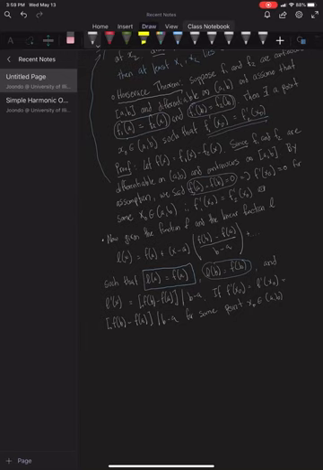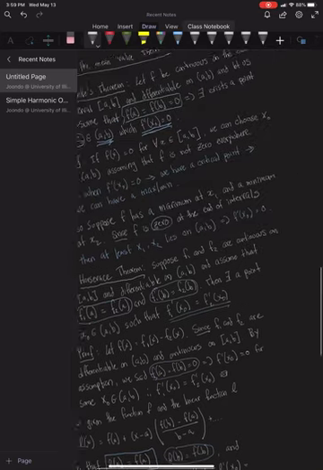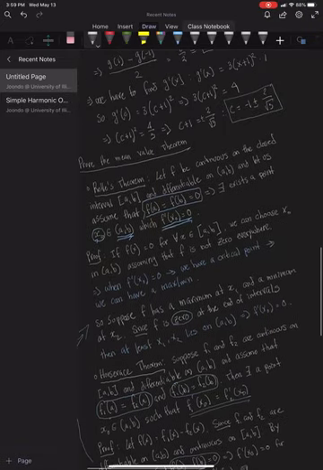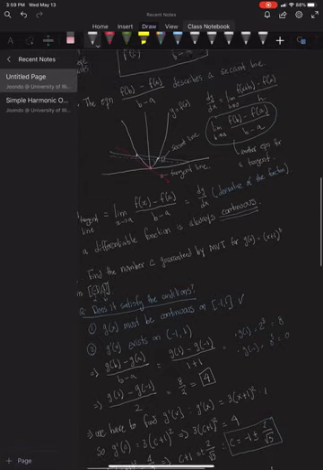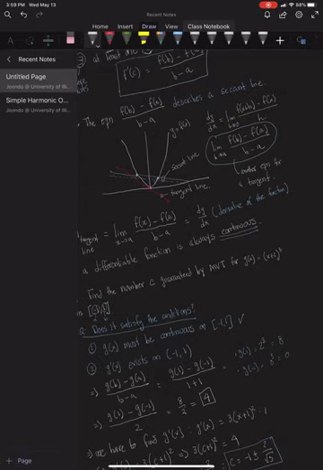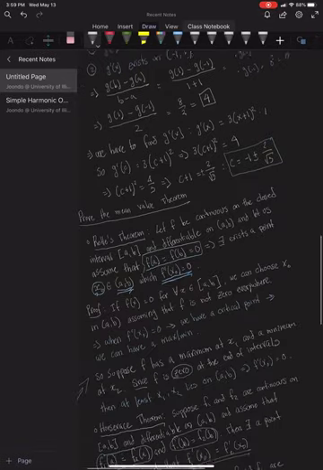We get the mean value theorem, which I wrote above here. Okay? So I think this is enough for this lecture.